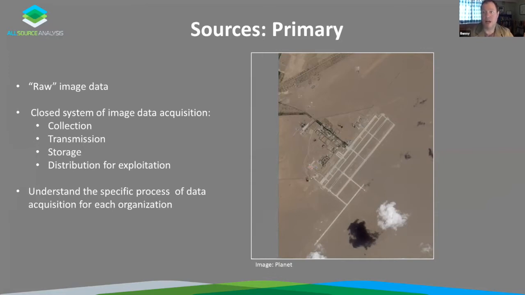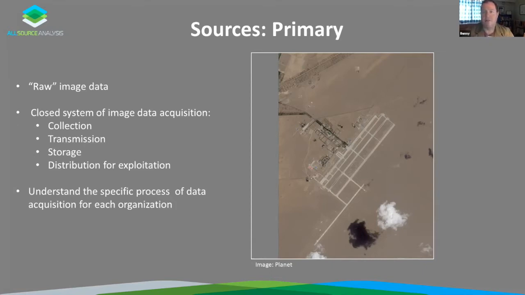In the case of commercial satellite imagery providers, this closed system of acquisition ensures that the data that we get is probably accurate data that has not been meddled with.